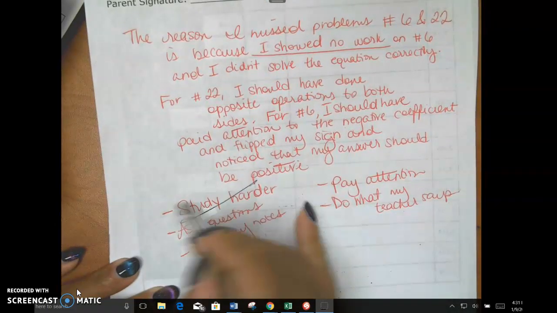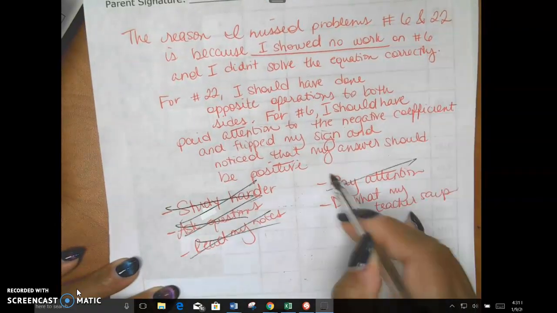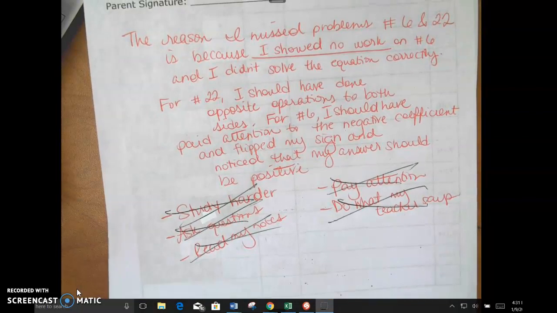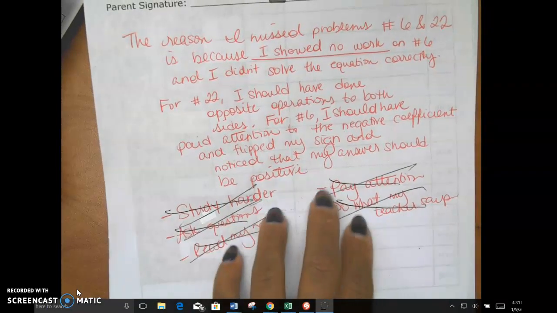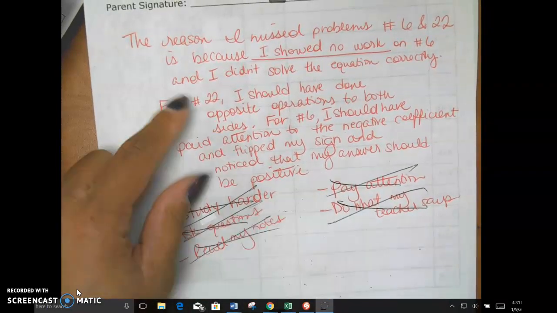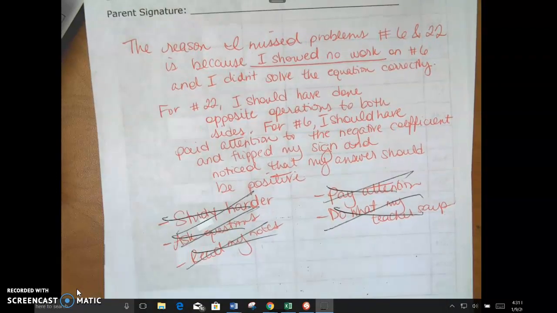These are not going to be acceptable in order for you to get full credit. This is not detailed enough. You need to go back and look in your notes. Go back and look at the videos that are posted earlier today on how to solve these problems.